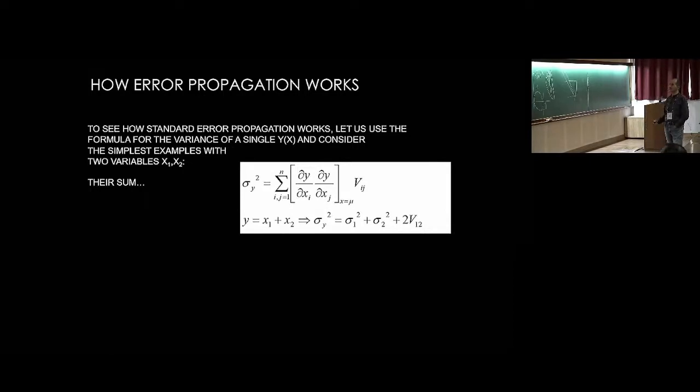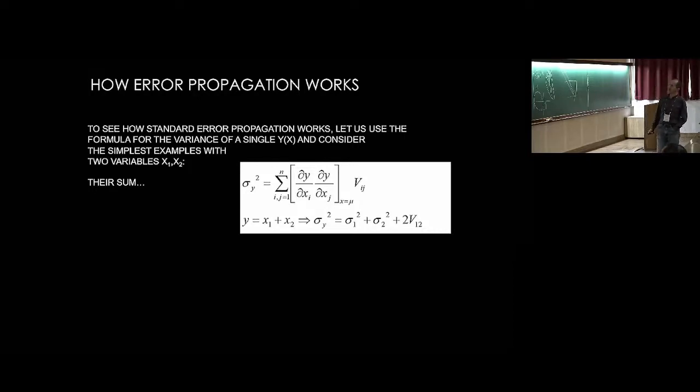Given two variables, x1 and x2, by applying the formula, the variance of y is equal to the variance of x1 plus the variance of x2 plus twice the cross terms, i different from j. This follows directly.